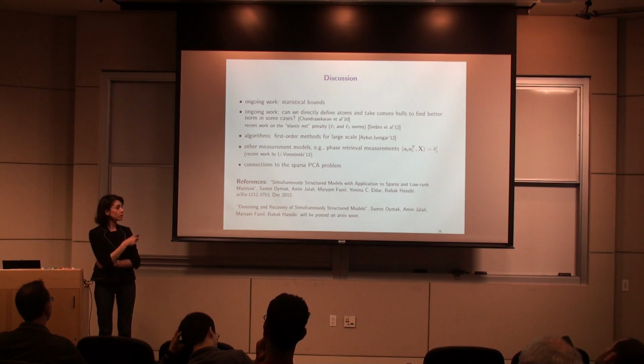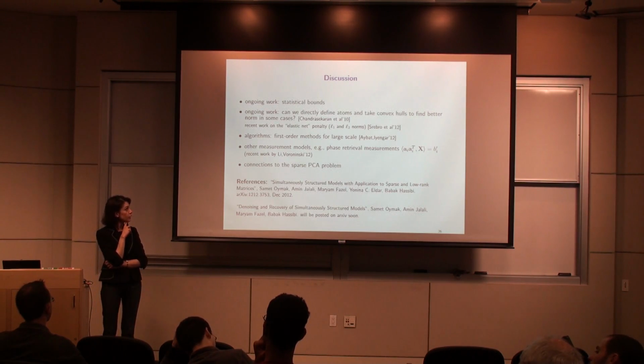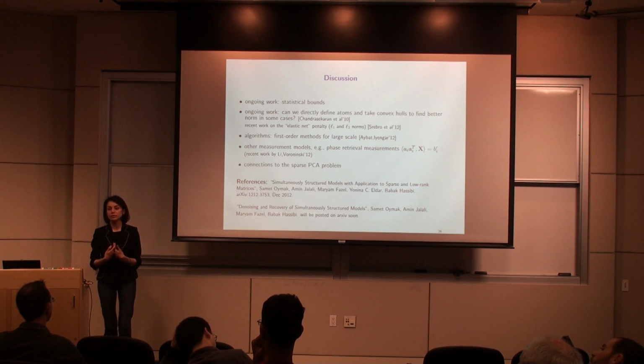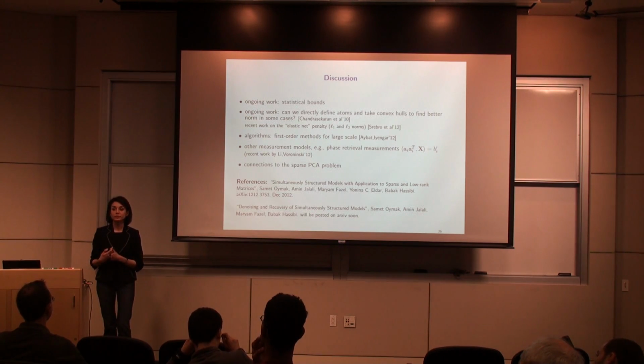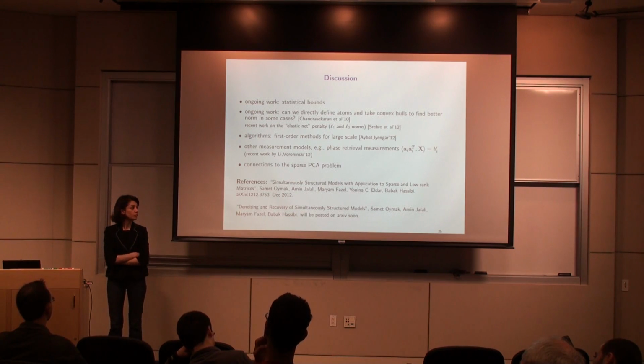That problem has received a lot of attention, and it can be seen as trying to find a matrix that is, if you wanted to find, for example, the top principal component, then you would be looking for a matrix that's rank 1 and sparse. So we want to explore what kind of connections one can have with that problem.